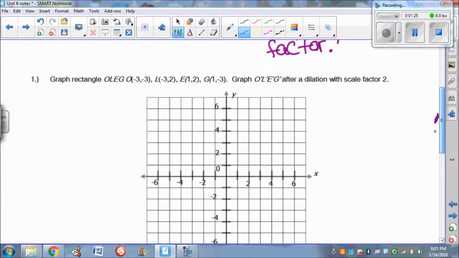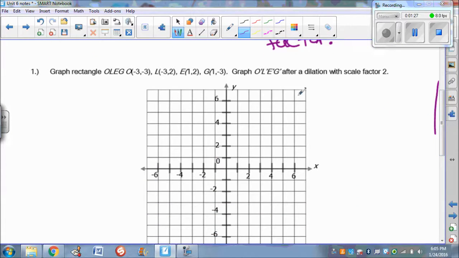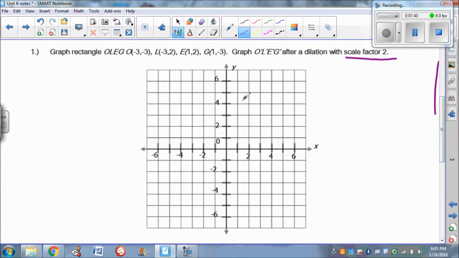It says graph rectangle OLEG, and then graph O prime, L prime, E prime, G prime after dilation with a scale factor of 2. Let's make a prediction after we plot our original points. Let's plot O, which is negative 3, 3. That means left 3 and up 3.